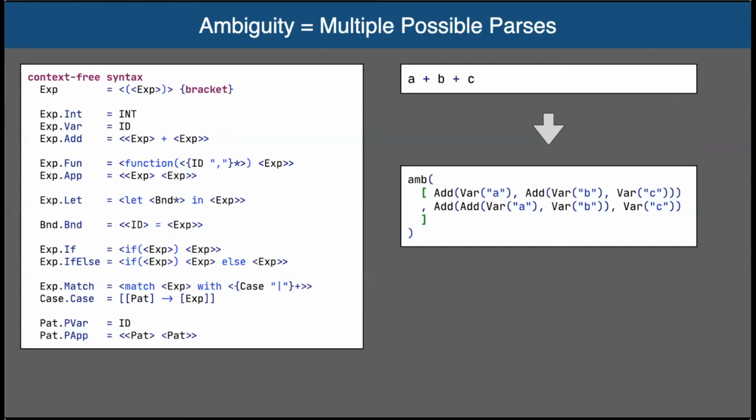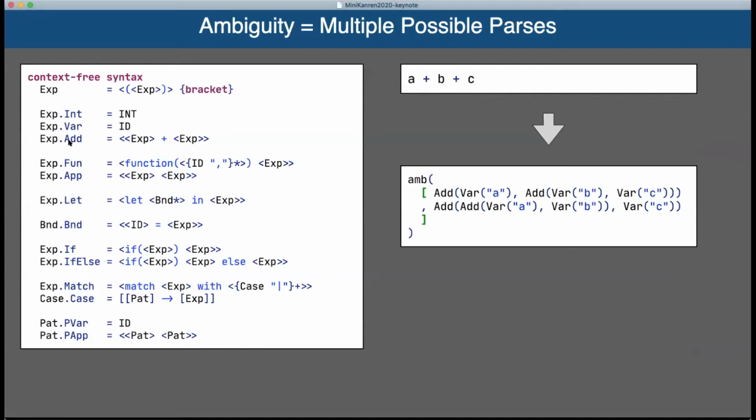All right, then there's disambiguation. So if you've taken a good look at the syntax definition that I showed before, then you see that it is ambiguous. For example, this addition expression is left and right associative. So if we have two additions, right, A plus B plus C, then there's two ways to parse this. It's either (A plus B) plus C or A plus (B plus C).